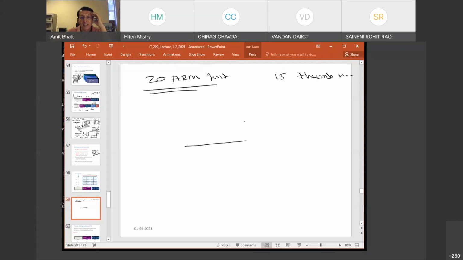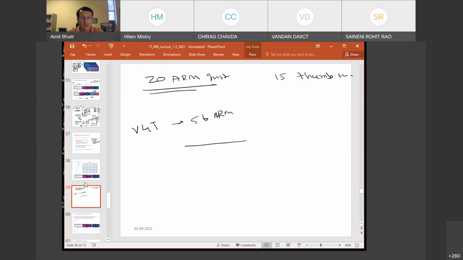So there are certain instructions which don't have an equivalent Thumb instruction. There is just an ARM instruction for it. So in version 4T, there are 56 ARM instructions, and I'm not sure how many Thumb instructions there are, but definitely less than 56. Okay, does that answer your question?